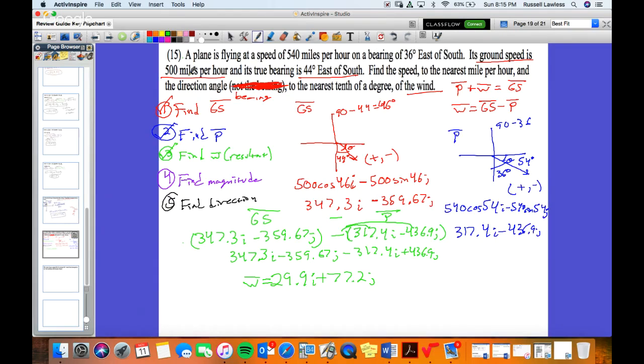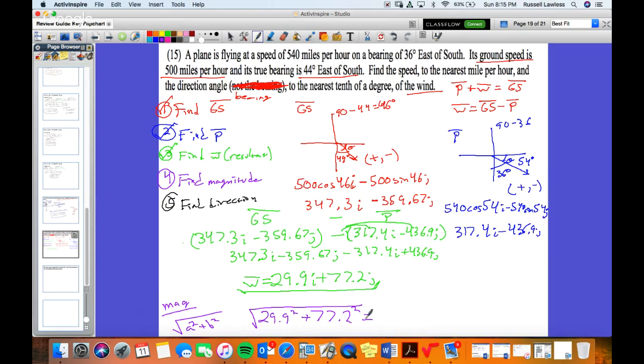So now this is going to be the key for us. This part, we need to find the magnitude and direction for. Again, the magnitude is found by doing a squared plus b squared. So all you're going to do is 29.9 squared plus 77.2 squared, take the square root of that.